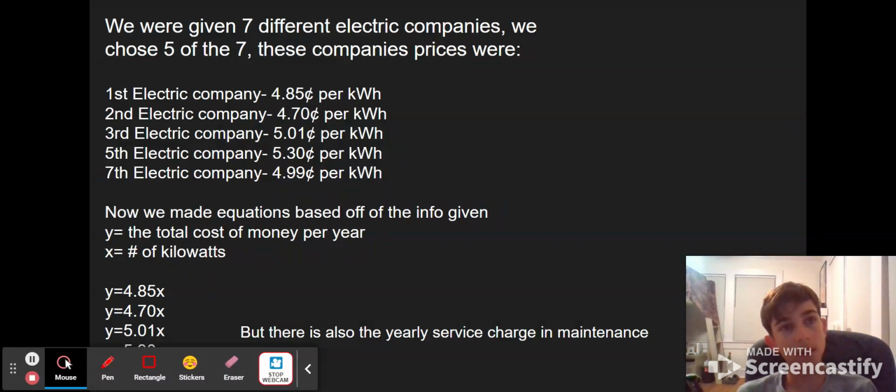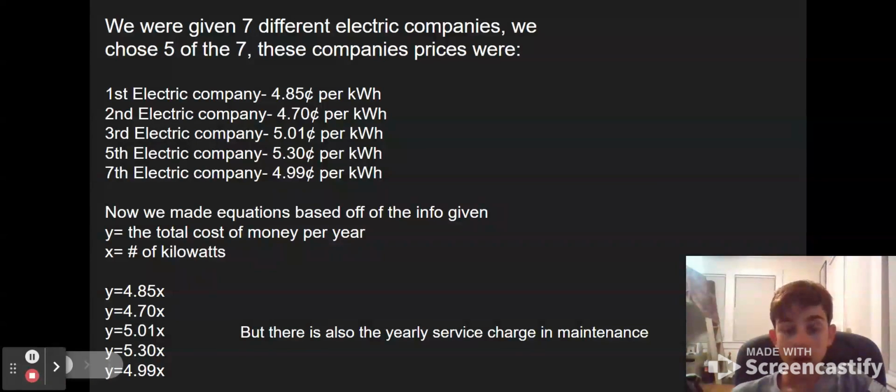So it's not in dollars, it's in cents. And I will be converting the cents numbers into dollars, so it's easier to see the cost. And then x, which is the horizontal axis, is the number of kilowatts being used.